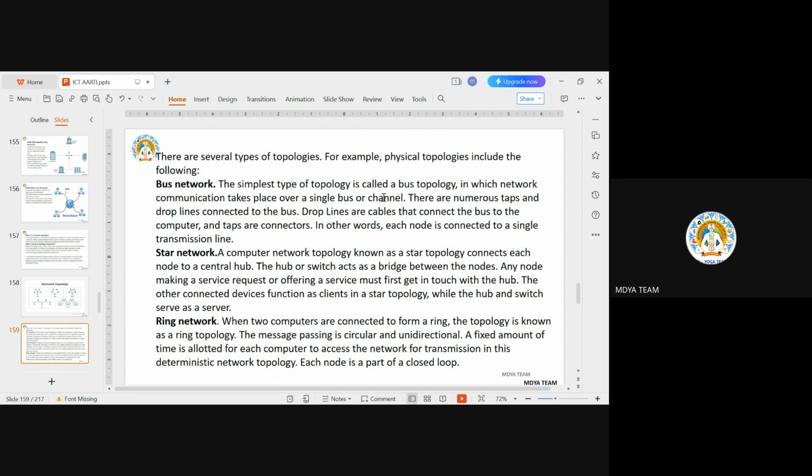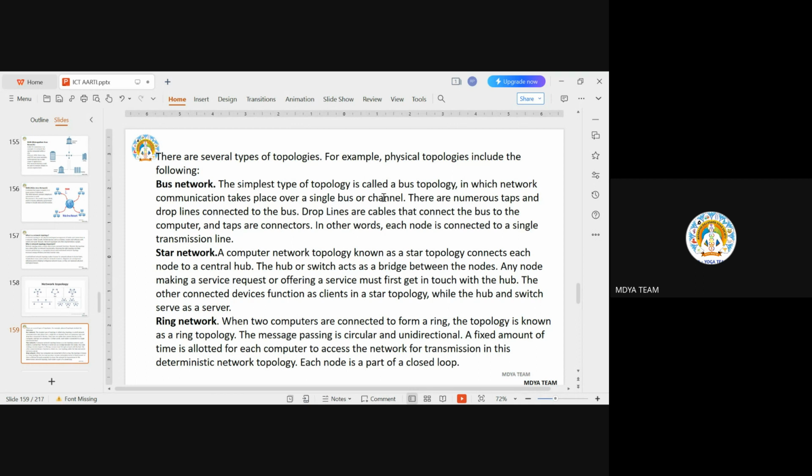There are numerous taps and drop lines connected to the bus. Drop lines are cables. When there is one main wire, you connect your PC with this wire, because every PC or laptop has some wire.